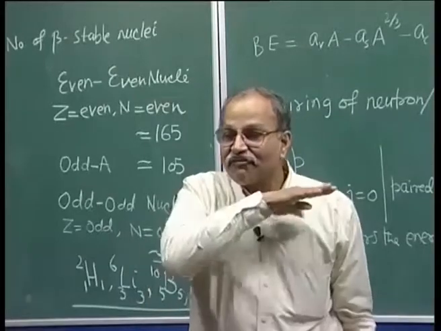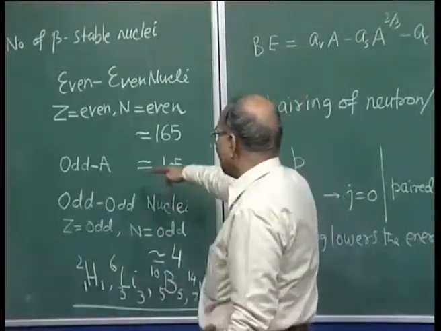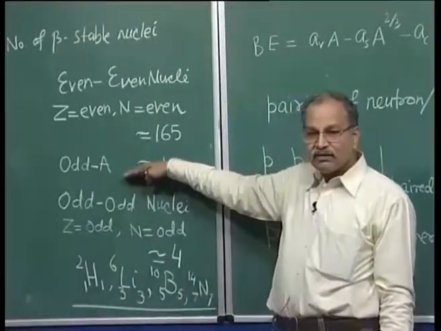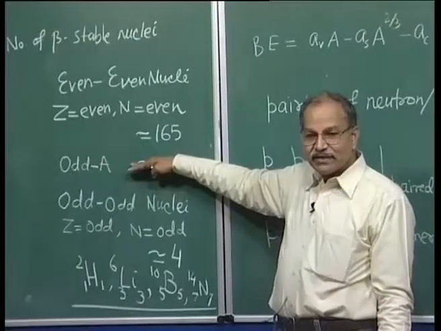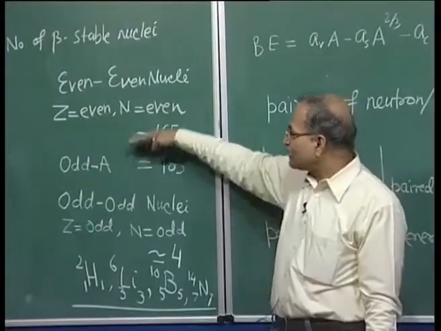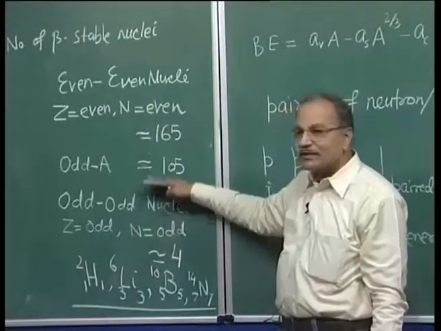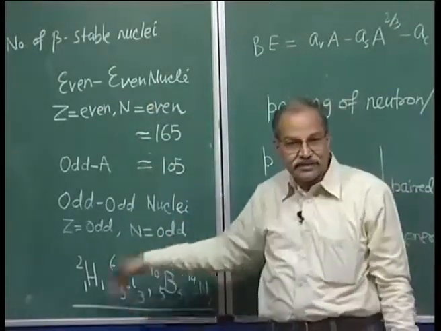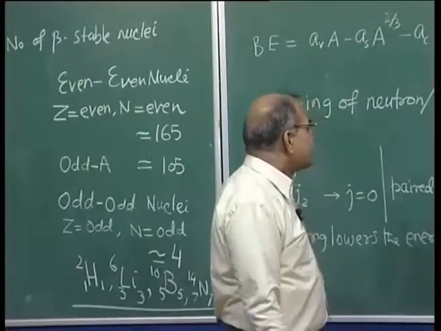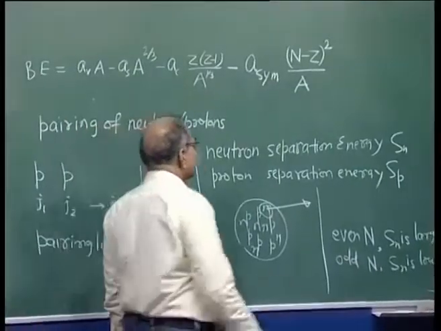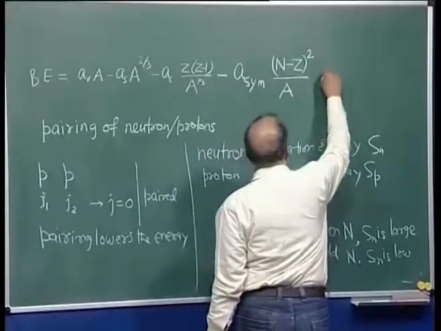So for even it should increase the binding energy, for odd it should decrease the binding energy. We can take a reference at the odd A nucleus, and say that if it is even the binding energy is increased, if it is odd then it is negative, decreased. So we add another term here, which is delta.